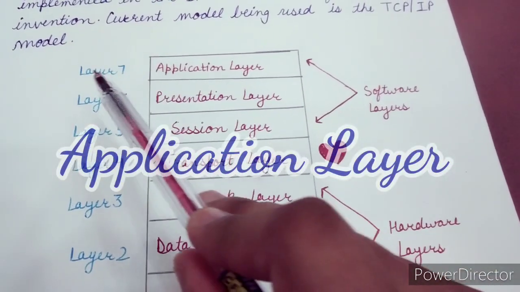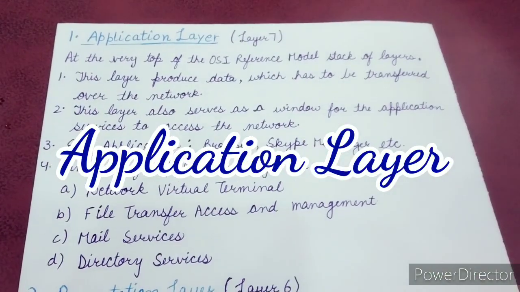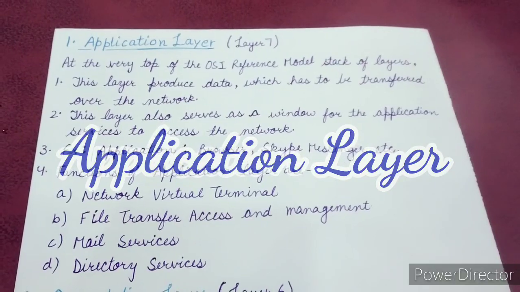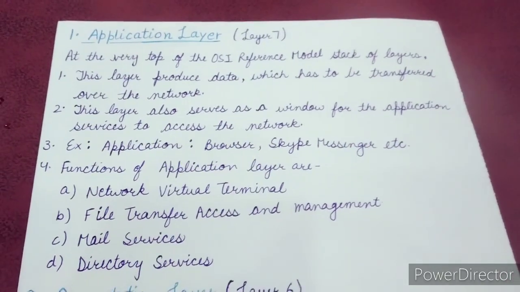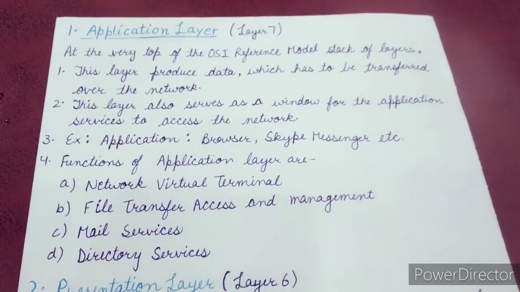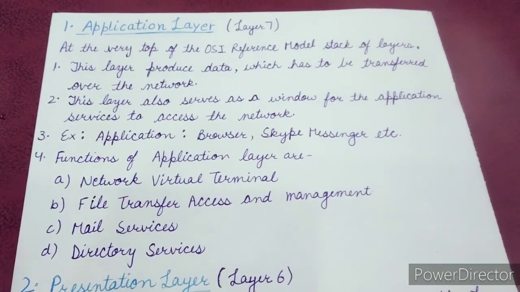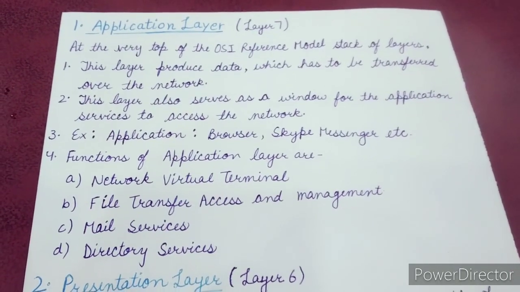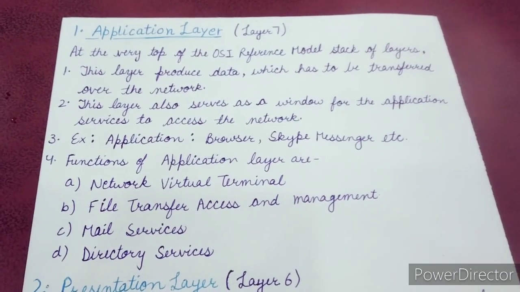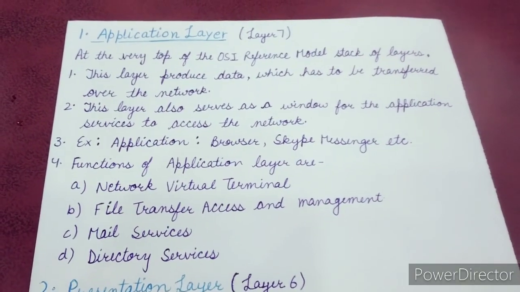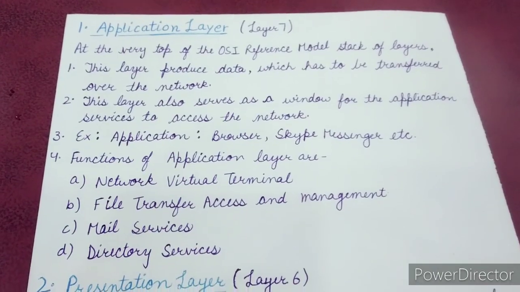First we discuss layer 7, the application layer. At the very top of the OSI model stack of layers, this layer produces data which has to be transferred over the network. The main work of the application layer is to produce data which has to be transferred.